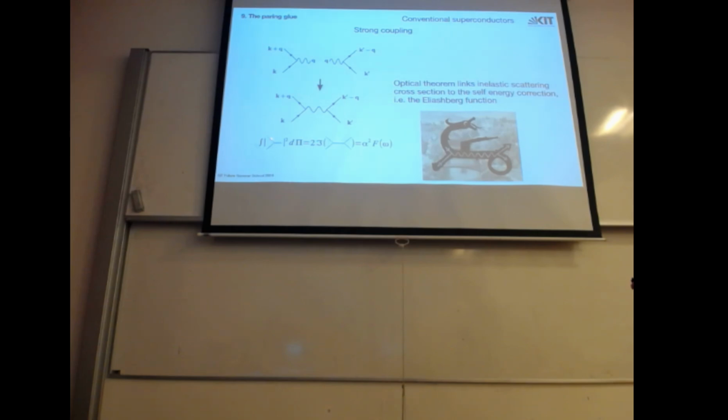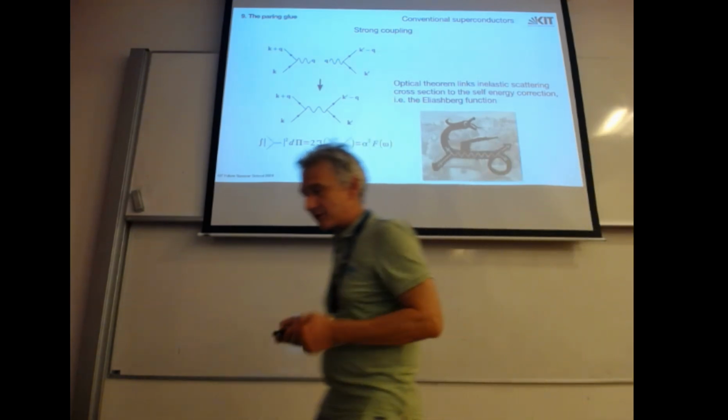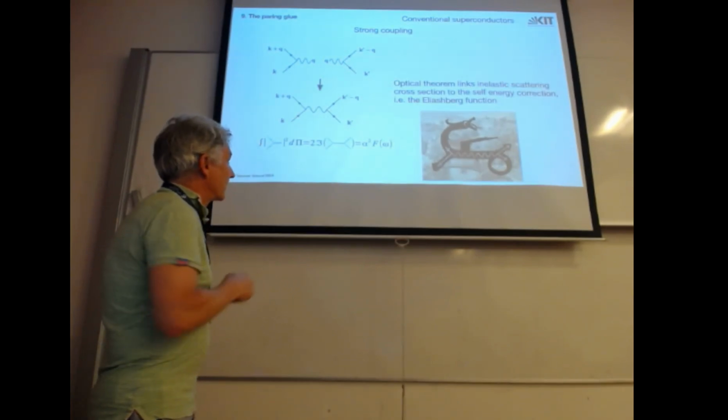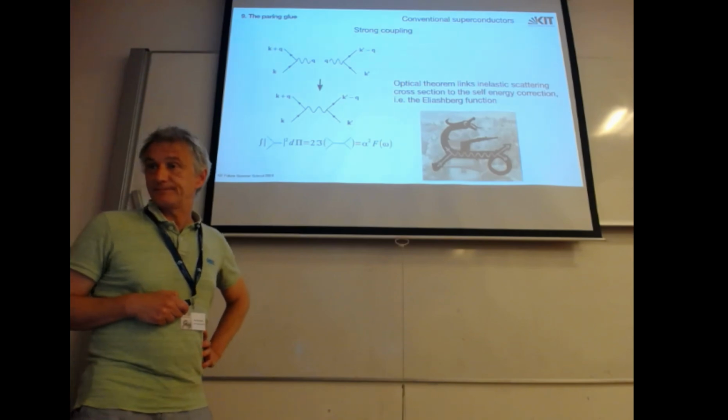So this is an identity, which is the optical theorem. And the total cross section is the renormalization of the same energy, the imaginary part. And this is the Eliashberg function.